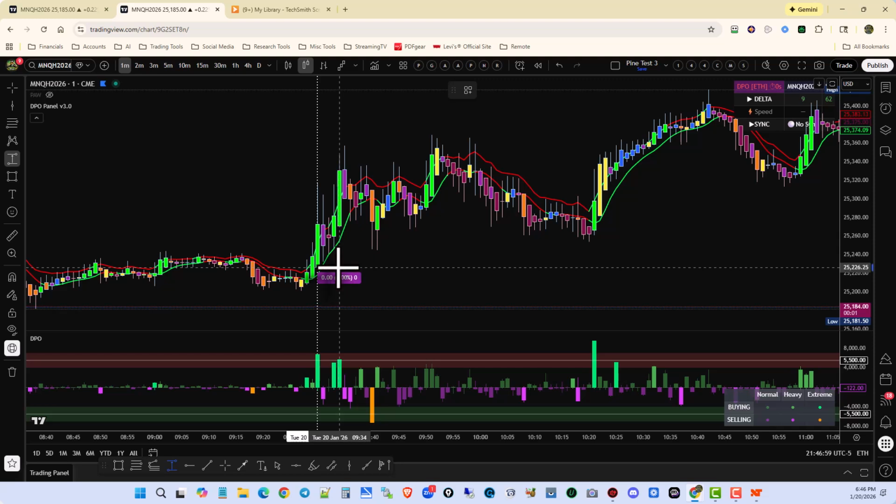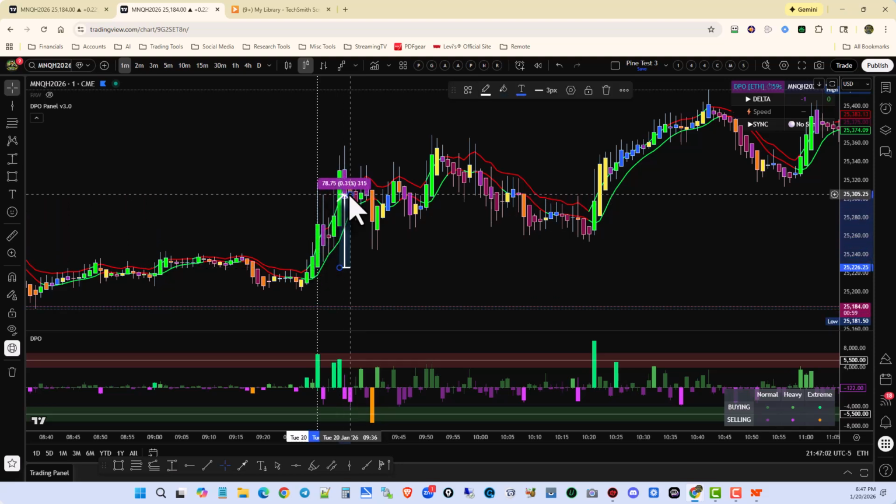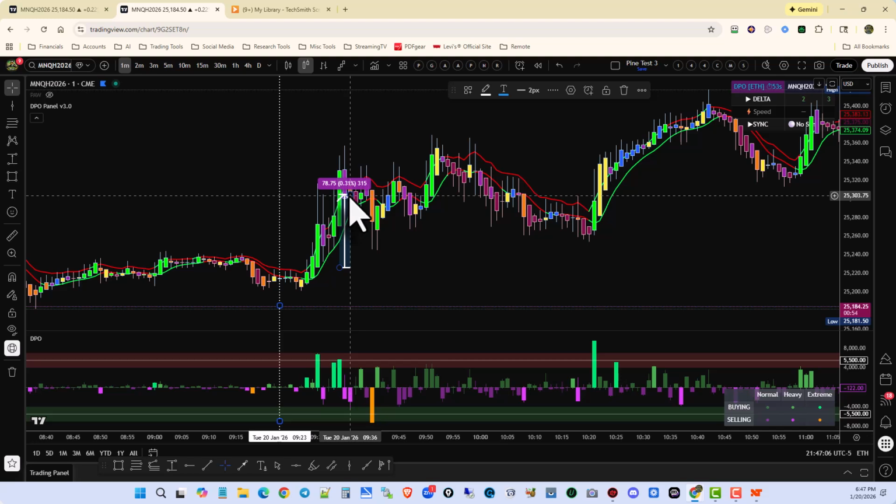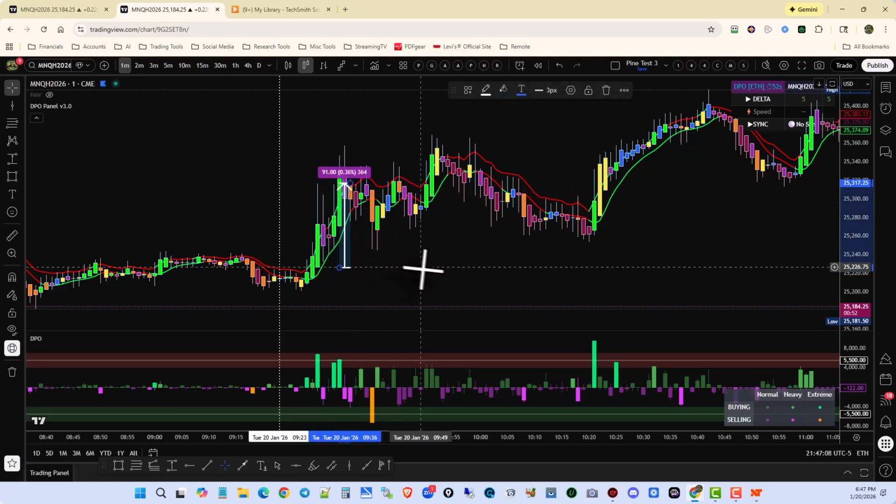From the bottom of that candle to the top of it, about 364 ticks on a 1-minute chart. Right? If you're trading NQ, that's $1,500. All right. On the micros it's going to be different depending on how many contracts you have.